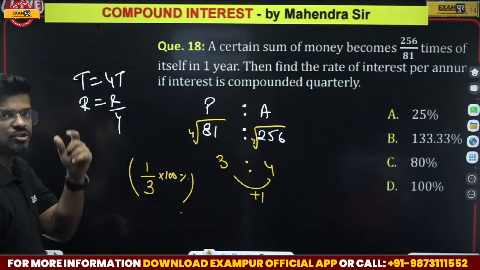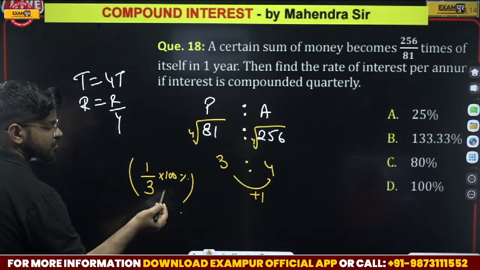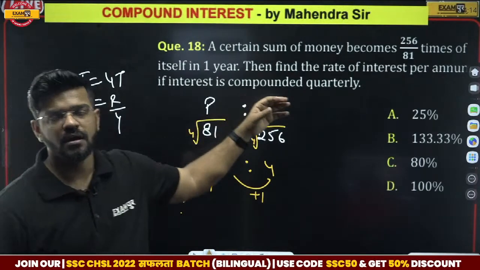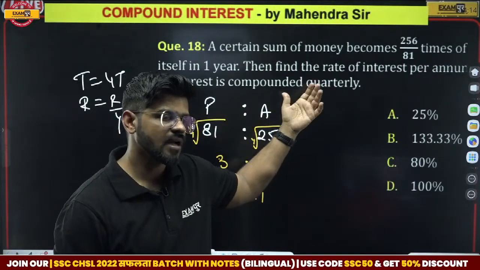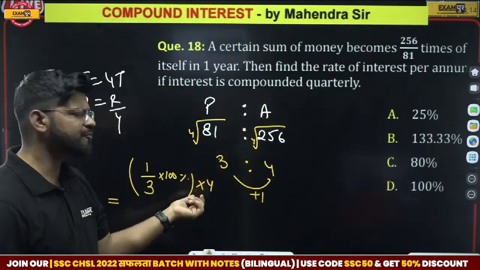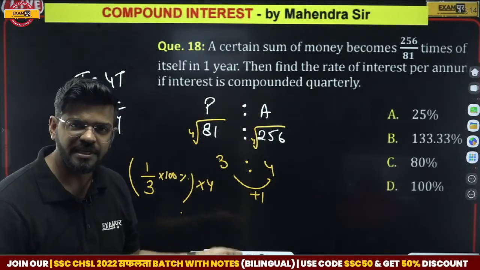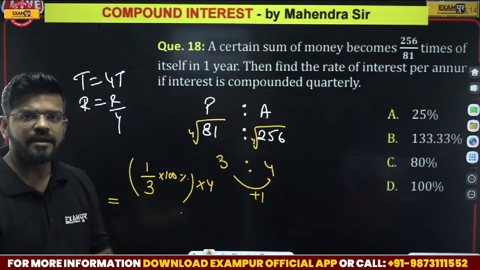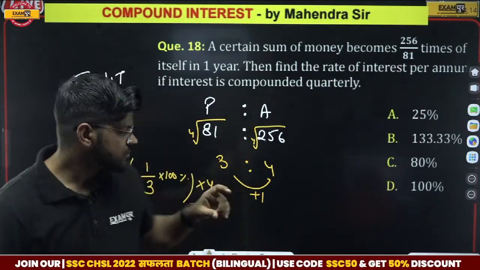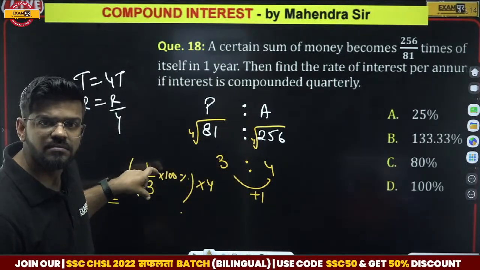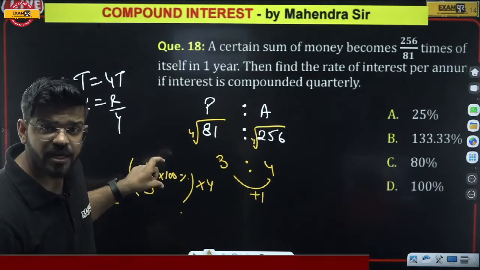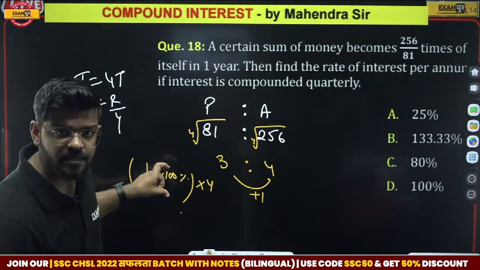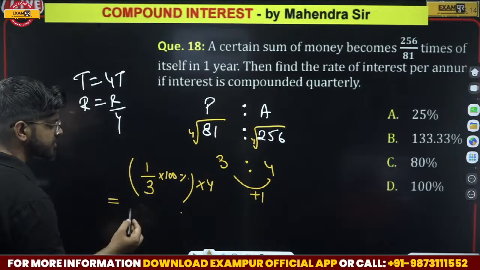To get the actual rate, what you have to do? You have to multiply it by 4. If it was half yearly, then you have to multiply it by 2 similarly, right? So 3 by 3, 4 by 3 will become 1 by 3 plus 1. 1 is 100% and 1 by 3 is 33.33%.